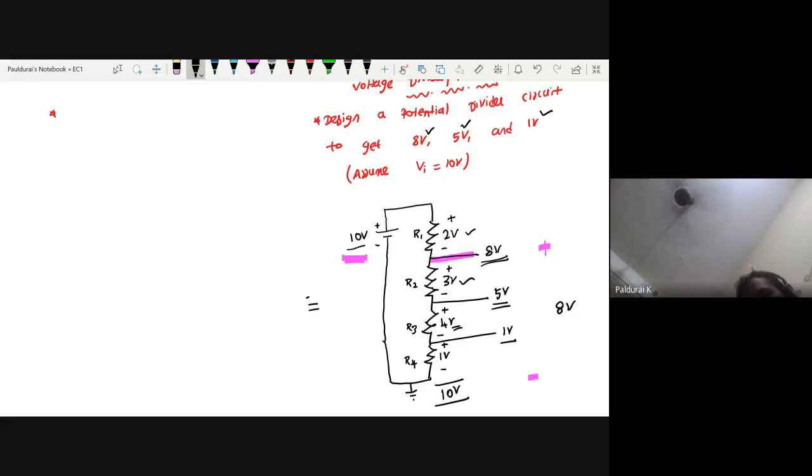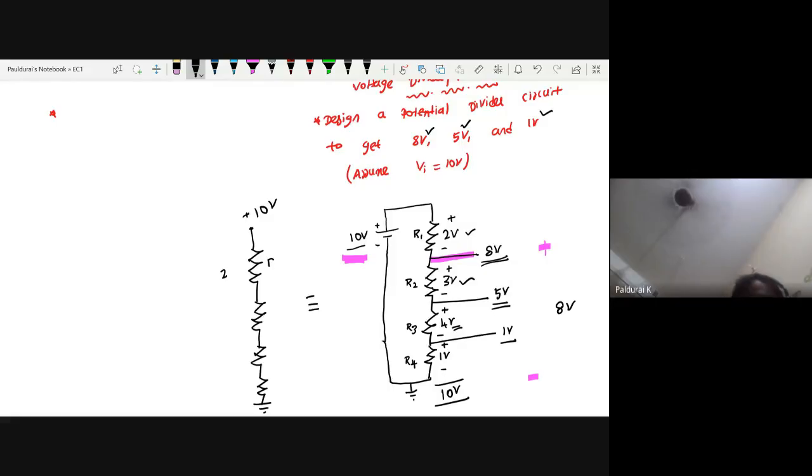So the same circuit, how can I draw it in a simplified manner? It is grounded. This is my applied voltage, 10 volt. Now what is the value for R1, R2, R3, R4?